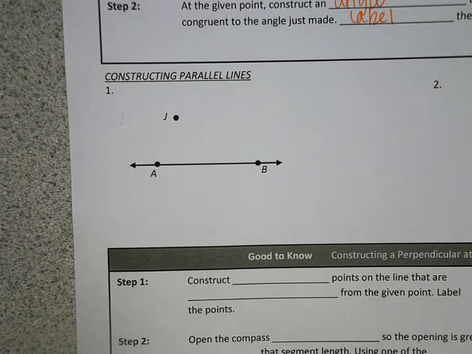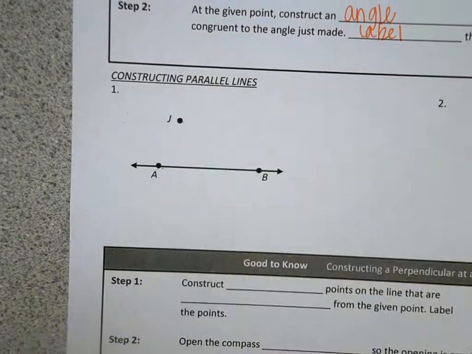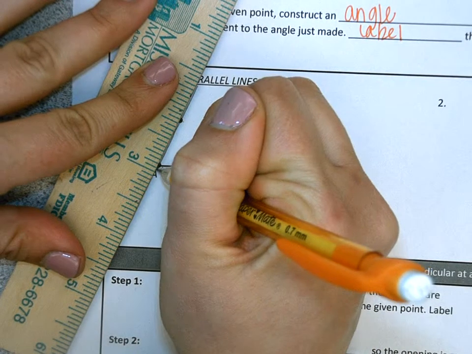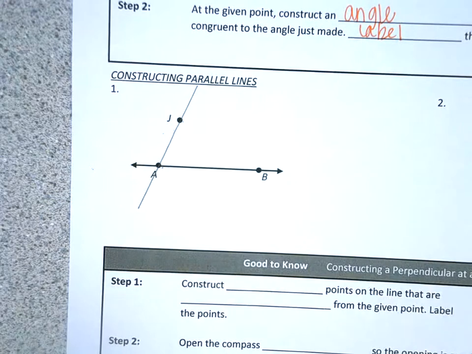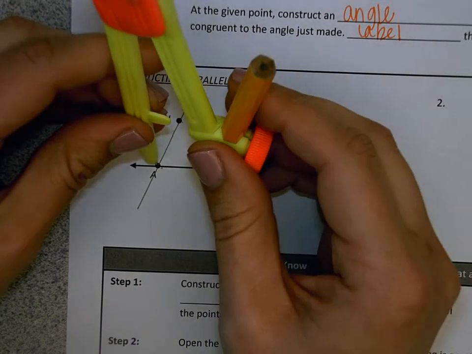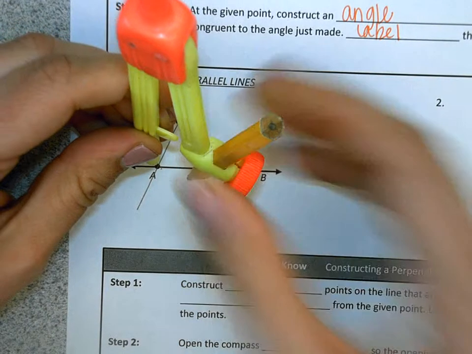I notice that they already give us the points, and point A is closer to point J, so I'm just going to draw a line through those. And to copy an angle, we have to first make an arc that intersects.